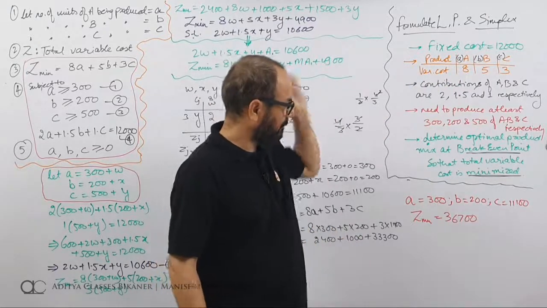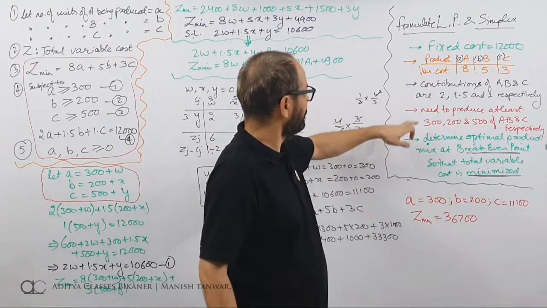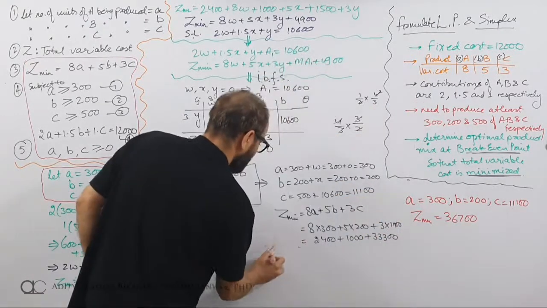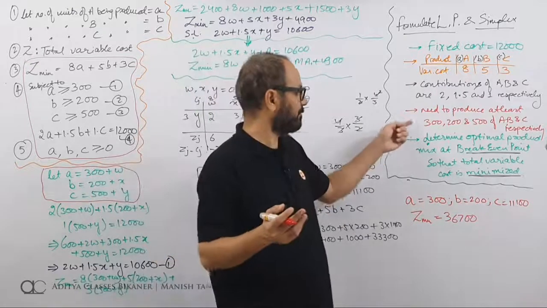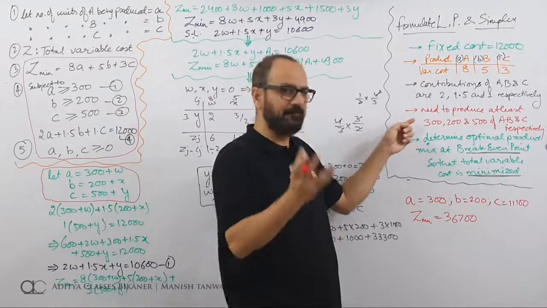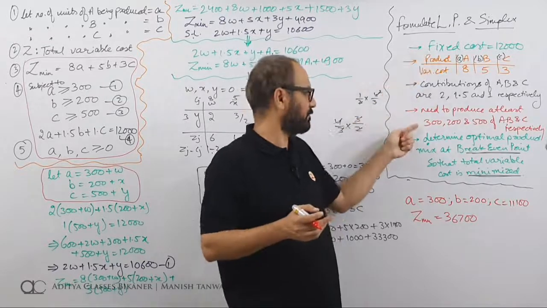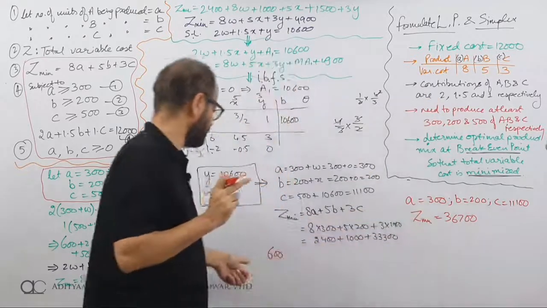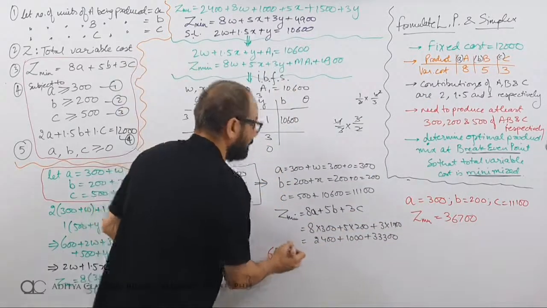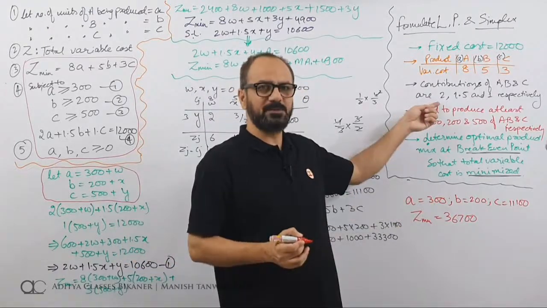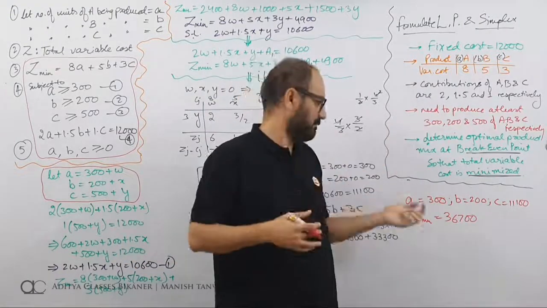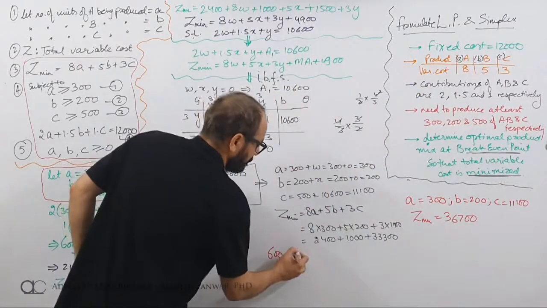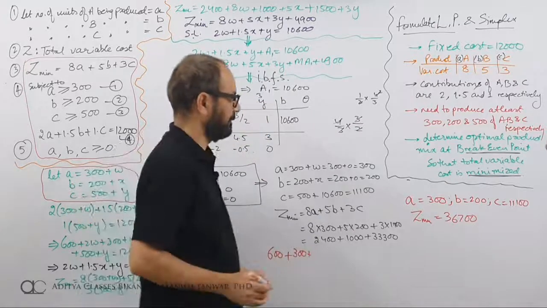Would you have recovered or not? Let me see. A is contributing 2 rupees per unit. If I produce 300 units, how much do I get? We are just talking of contribution, just checking whether we have reached the BEP and recovered our fixed costs. 300 units at 2 rupees per unit gives me 600 rupees as contribution. 200 units of B, with 1.5 as the contribution, give me 300.